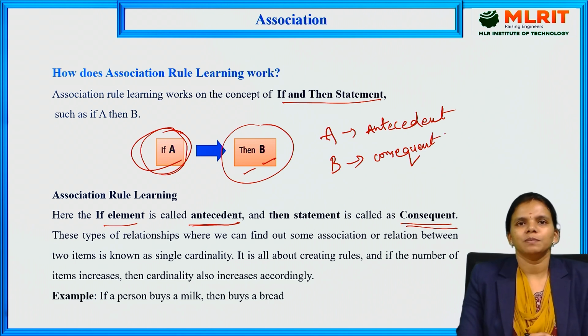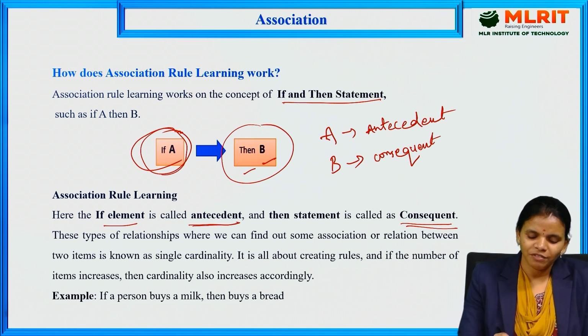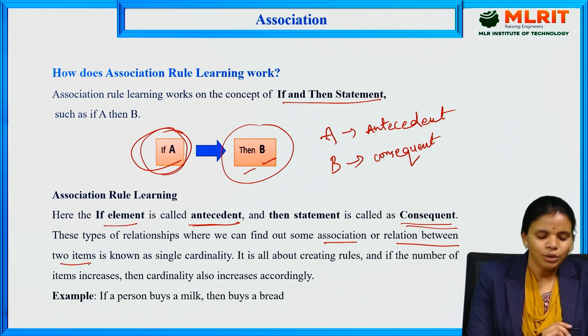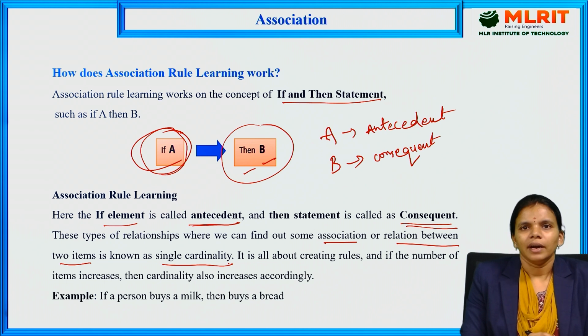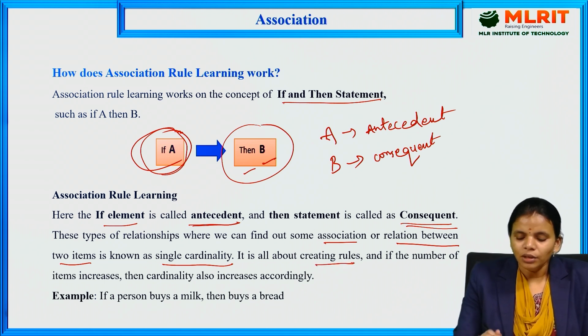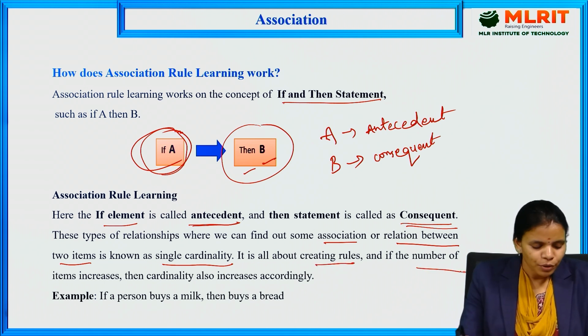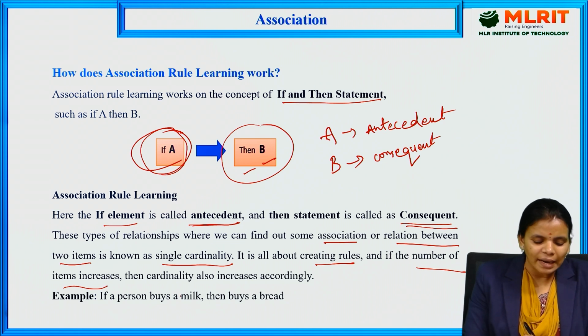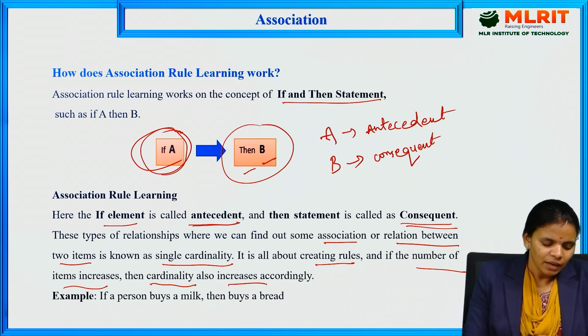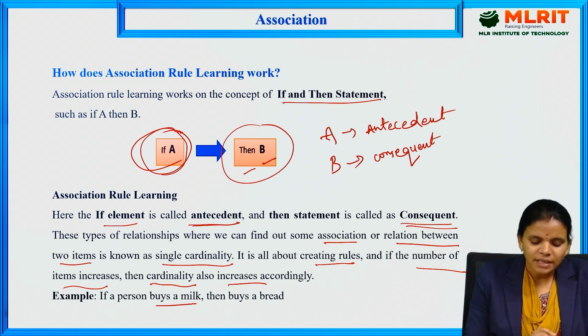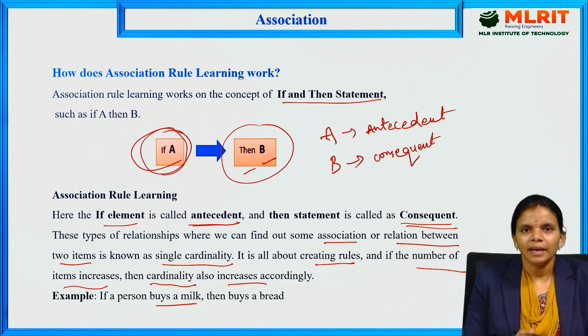So these types of relationships where we can find out some association or relationship between two items is known as single cardinality, and it is about creating the rules where if the number of items increases, then cardinality also increases accordingly. Example, if a person buys milk in the supermarket, then buys bread also.